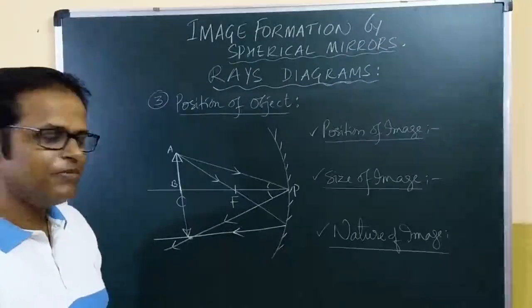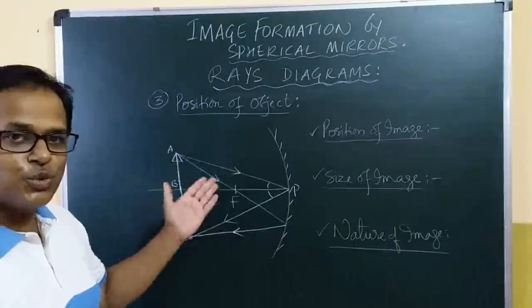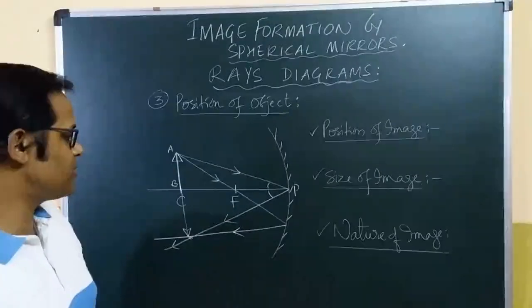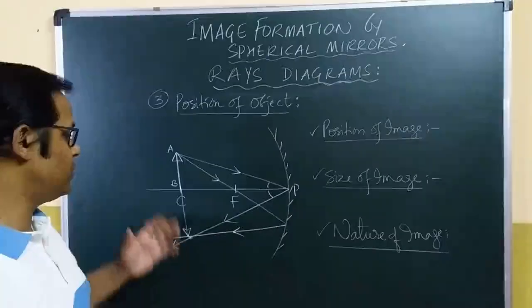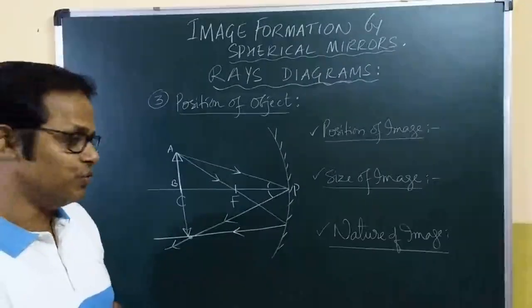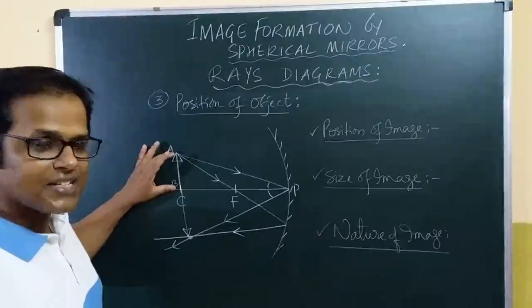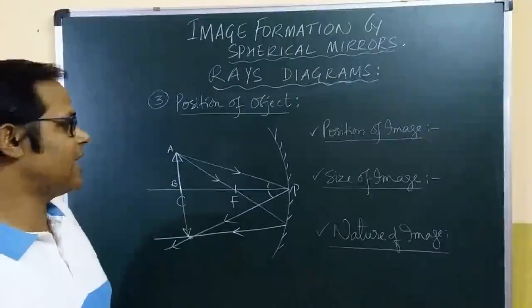Am I clear? I've used principal ray number 2 and 4 to construct this ray diagram, which is practically a very valid position, which can be practically proved. That when the object is standing at C, the image forms exactly at C.